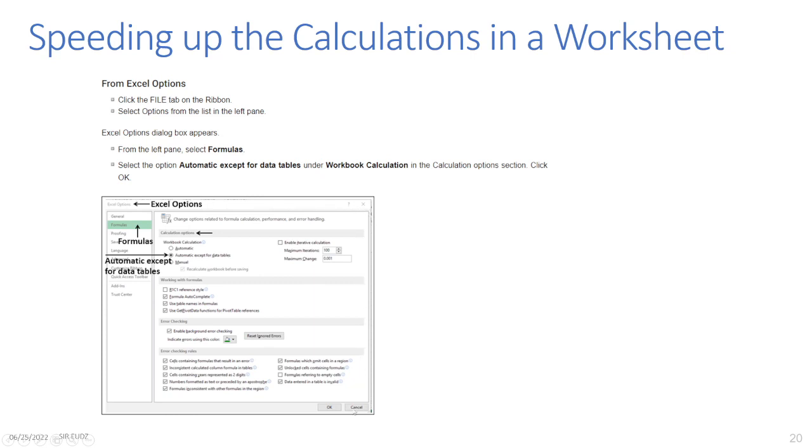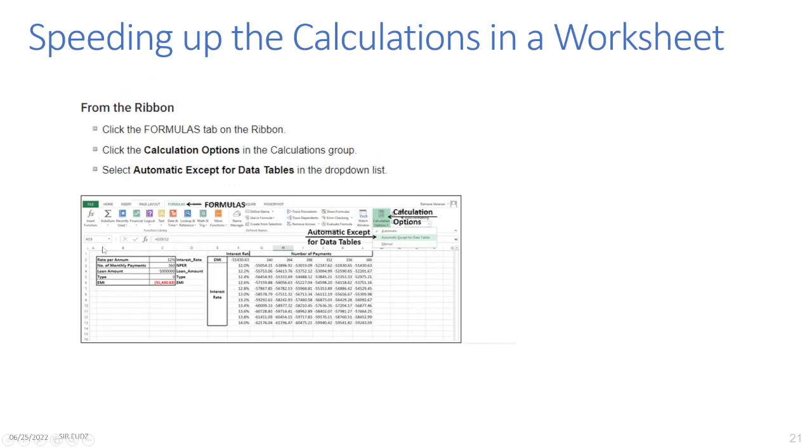From the left pane, select Formulas and select the option Automatic except for Data Tables under Workbook Calculation in the Calculation Options section. Then we click OK. So that's how we do that.